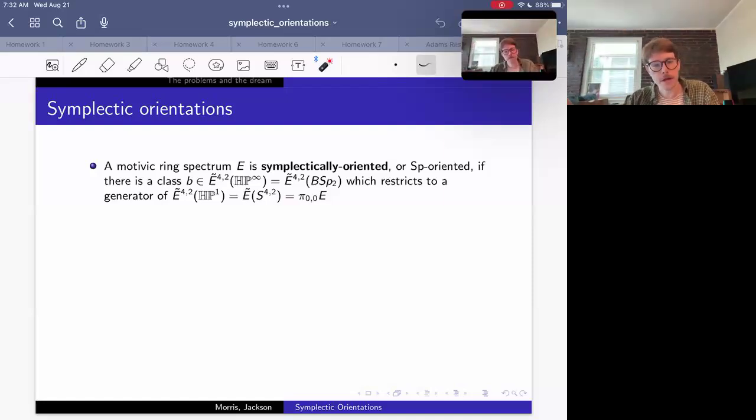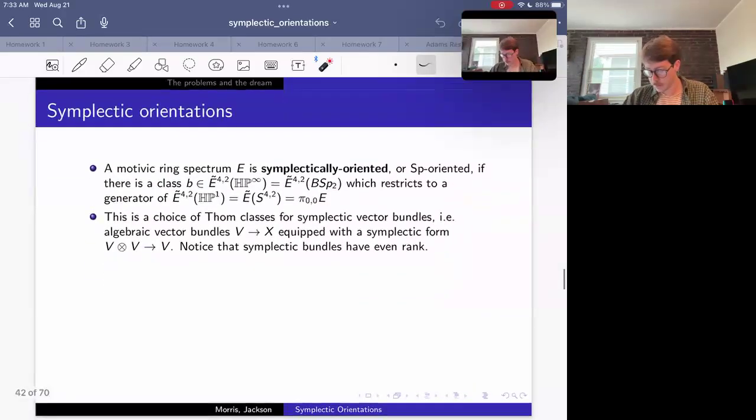And remember that a symplectic vector bundle is one which I have a symplectic form on all of the fibers, which is some non-degenerate anti-symmetric bilinear form. Say maybe omega goes from V tensor V to V. So all of my vector bundles are equipped with a form like this. And I think as I write later, equivalently, this is a choice of Thom classes for these bundles, right?